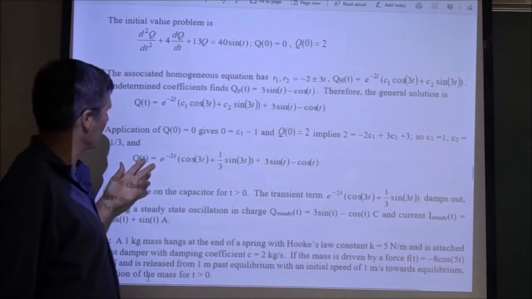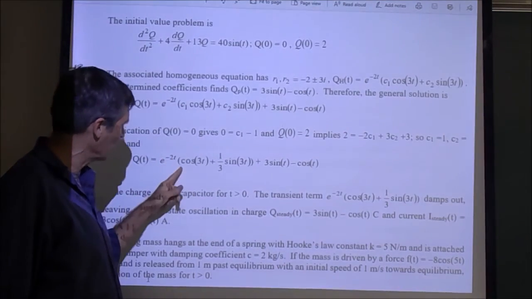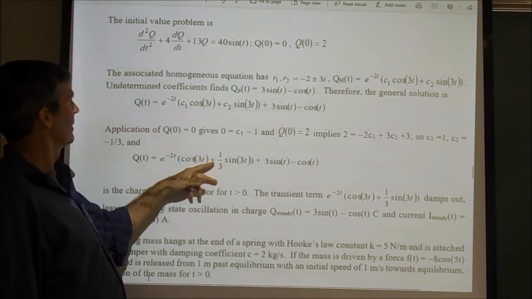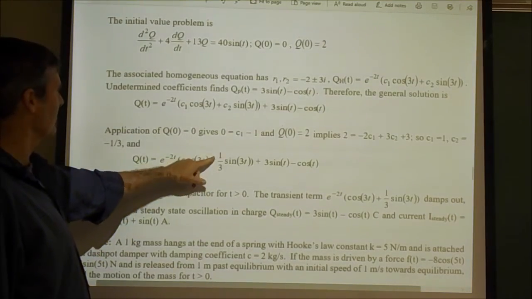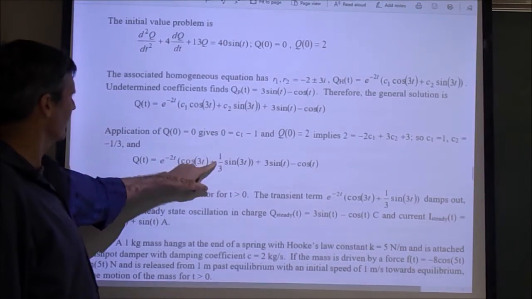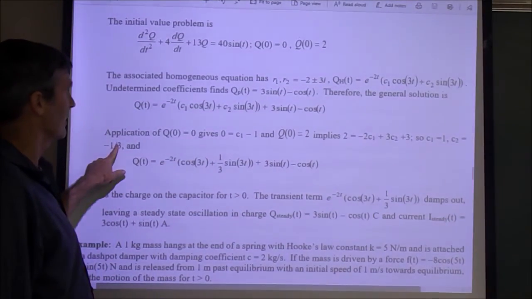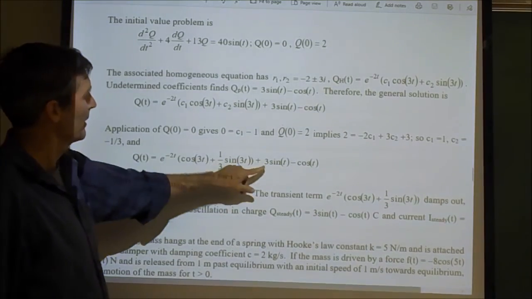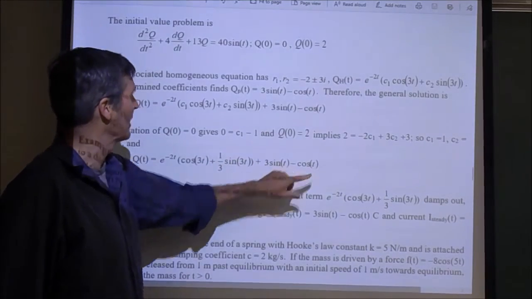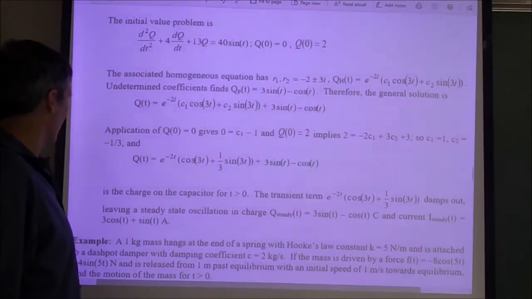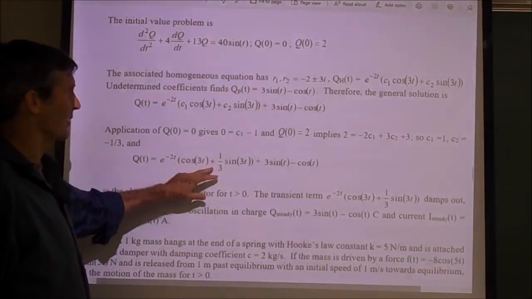And you get that the charge in the capacitor at any time, q of t, is equal to e to the minus 2t times cosine 3t times 1, minus a third sine 3t, plus the particular solution 3 sine t minus cosine t. So that's what you come up with.